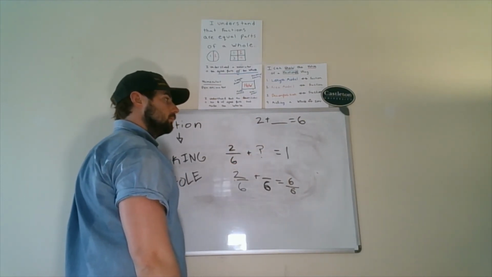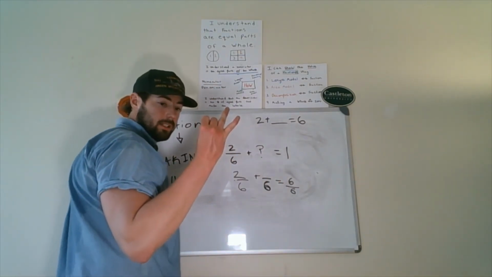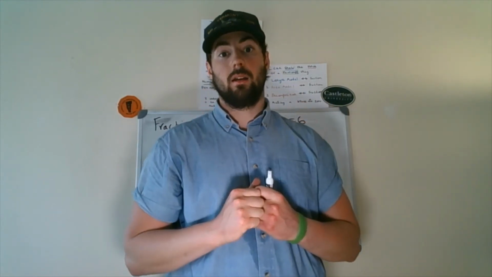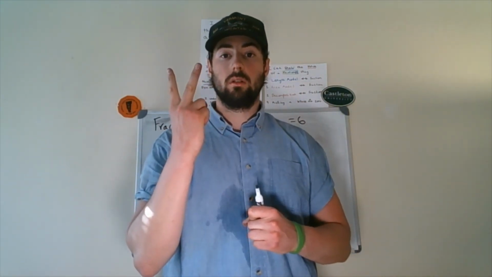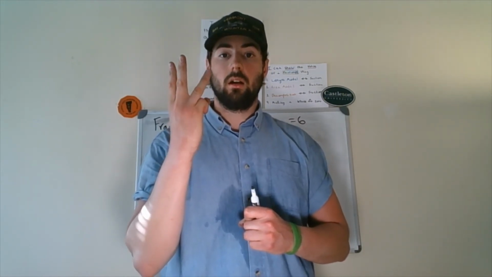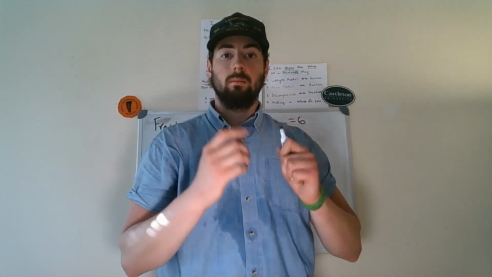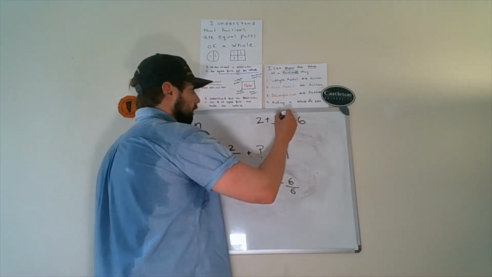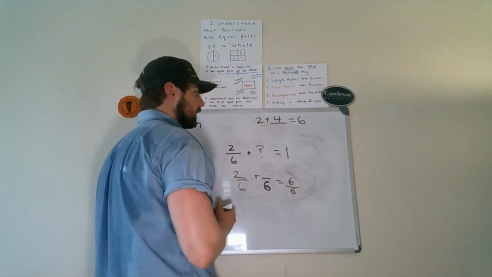Well, if I have 2 and I need to get to 6, I can count up. 2, count with me, 3, 4, 5, 6. That is 4 more. 2 plus 4 equals 6.